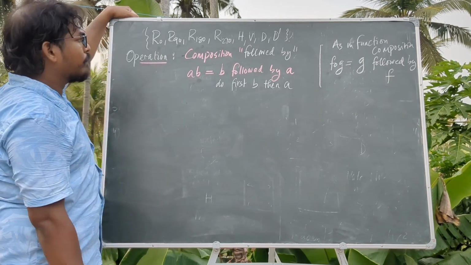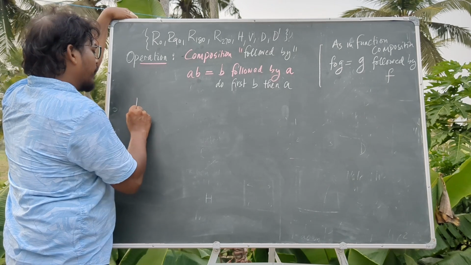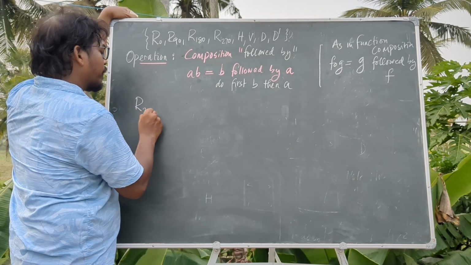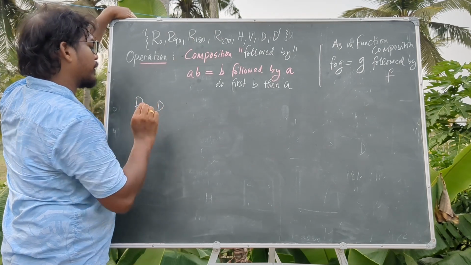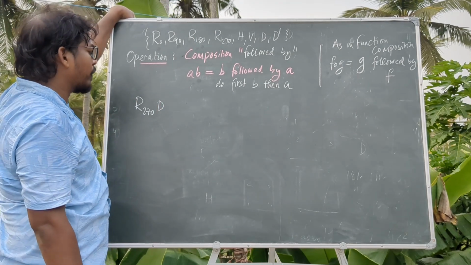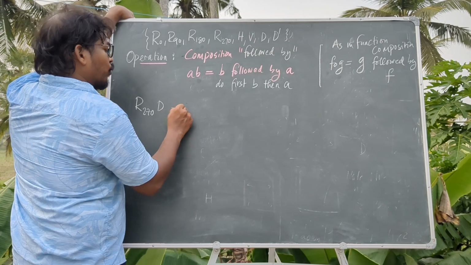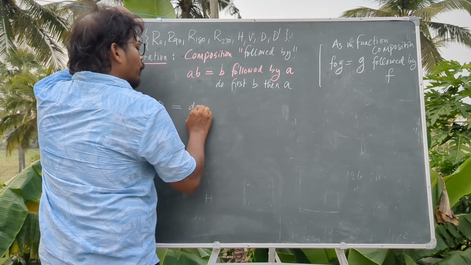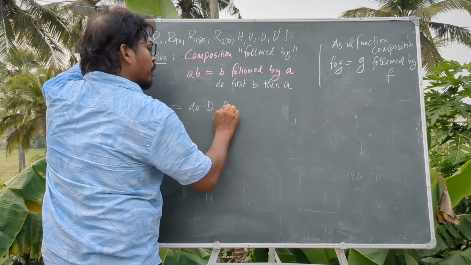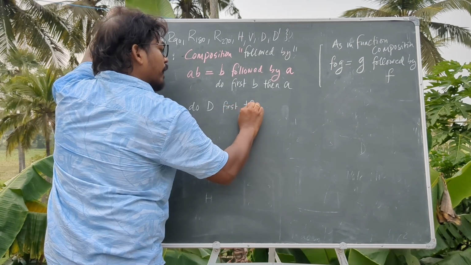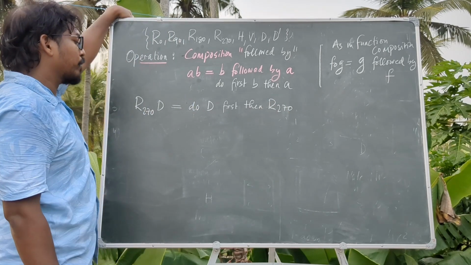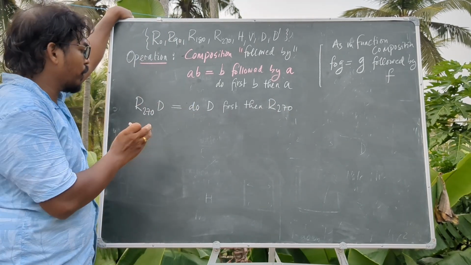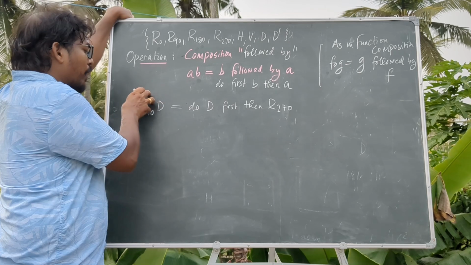Let us see, suppose we are taking R270 and D, and this will do D first, then R270. So this is our operation. We will do D first, then R270.